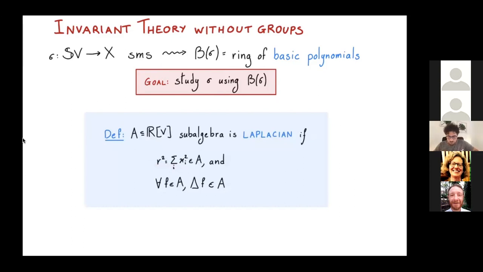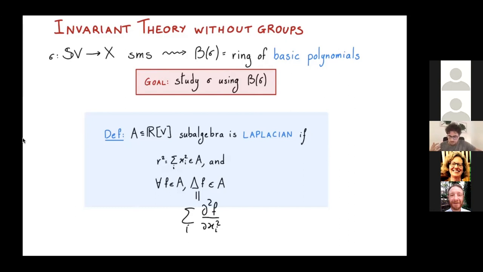And second, we want the algebra to be invariant under the Laplacian operator, namely, for every polynomial in the algebra, we want the Laplacian, the usual Laplacian in Euclidean space, to be also contained in the subalgebra.